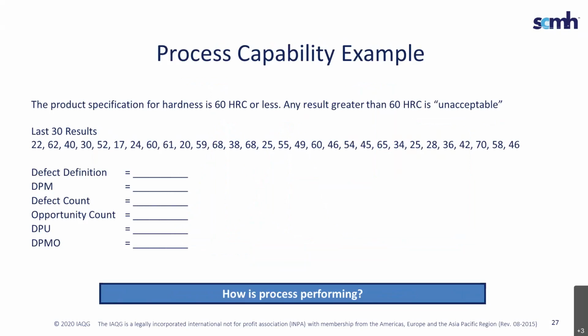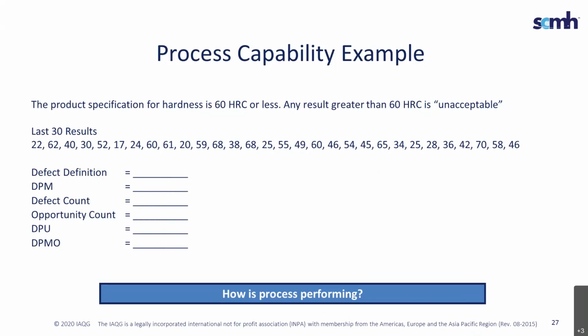So we'll start with that first one, which talked about attribute data. In this case, we had a process capability study we wanted to do, and our customer told us if 60 Rockwell hardness or less is acceptable, and a result greater than it is unacceptable, we'll treat it like an attribute.